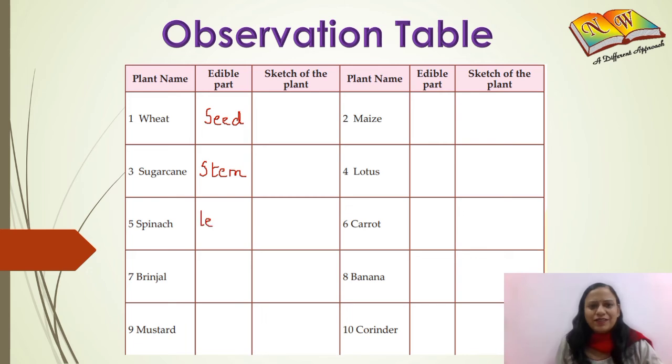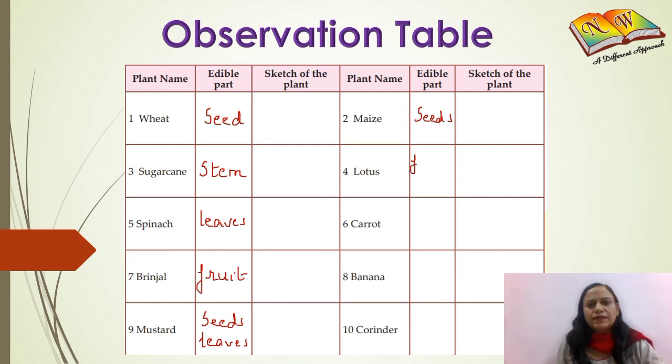Spinach, the leaves are edible. Brinjal, the fruit is edible. Mustard, seeds as well as leaves, both are edible. For maize, it is again the seeds or the grains that are edible.